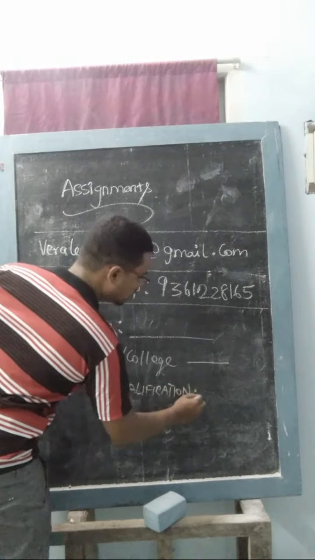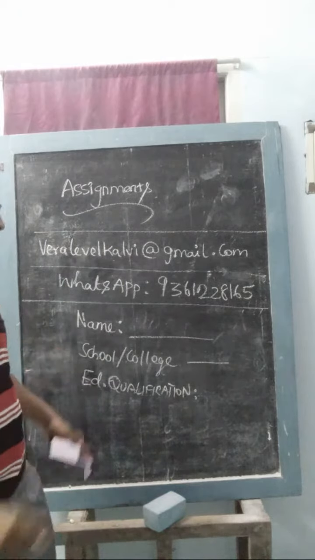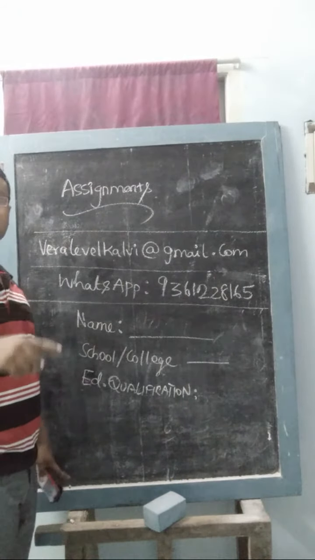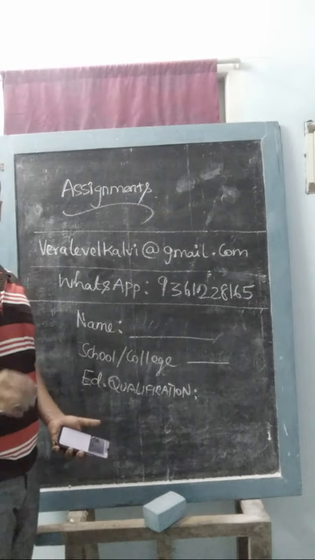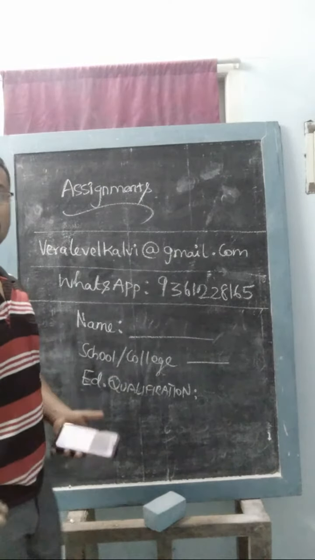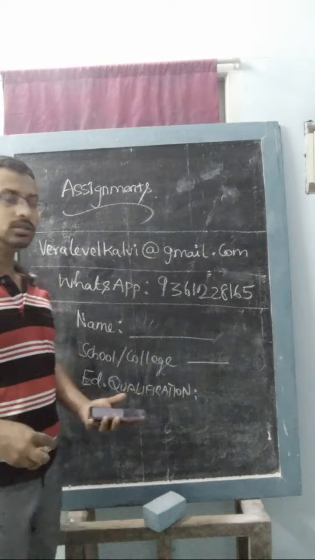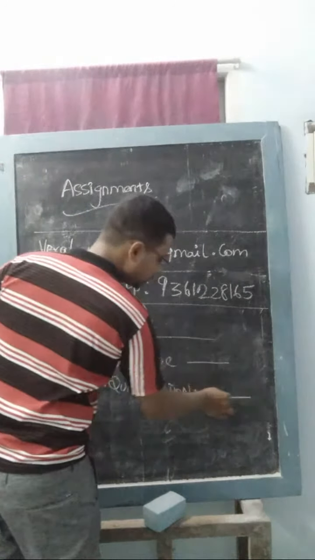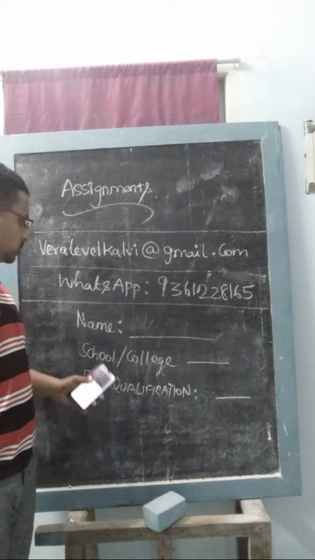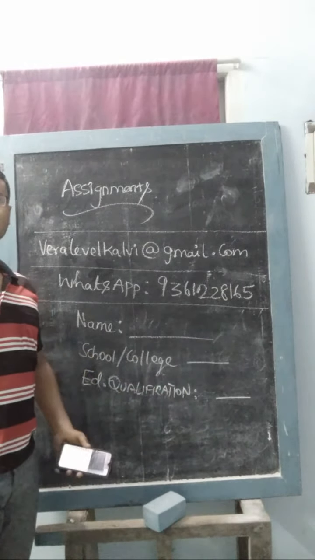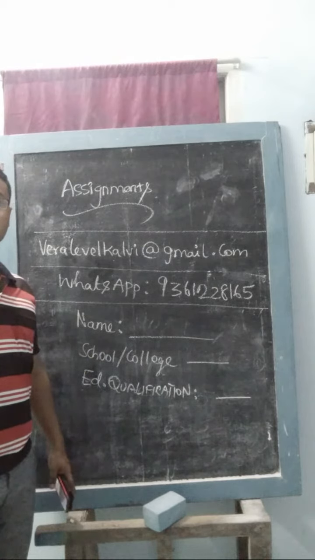If you completed 11th standard, you just write 11th. If you completed 12th standard, you write 12th. And if you are studying BSc or any degree in college, you just mention the degree alone. If you are a school student, you just mention which class you completed, either 11th or 12th.